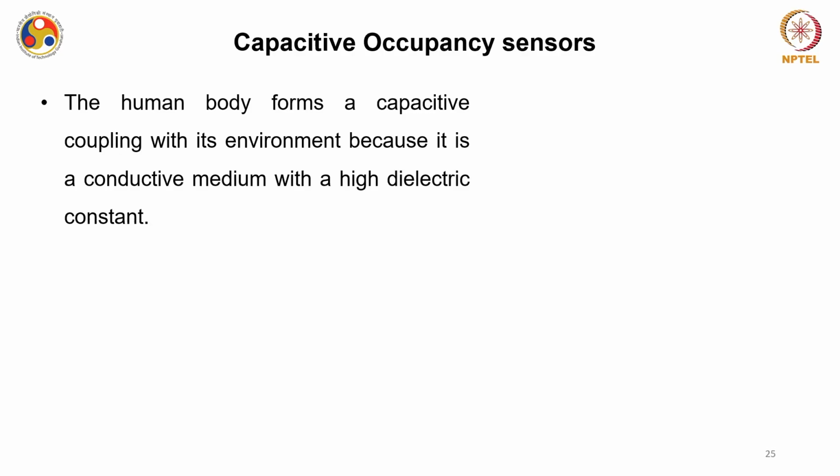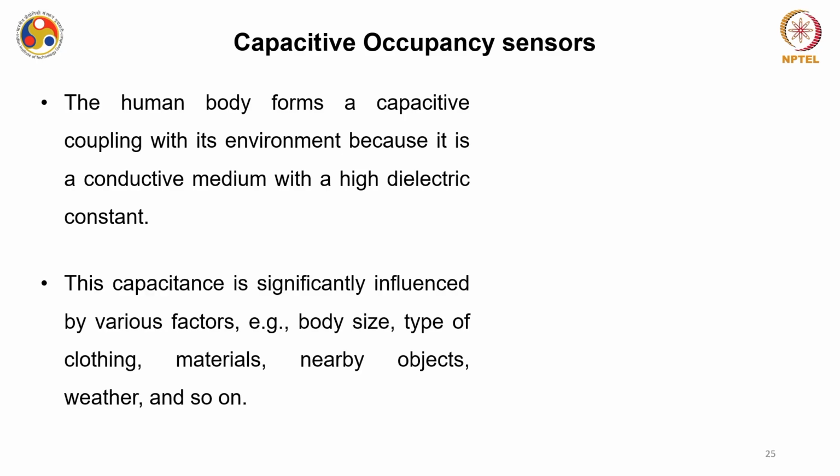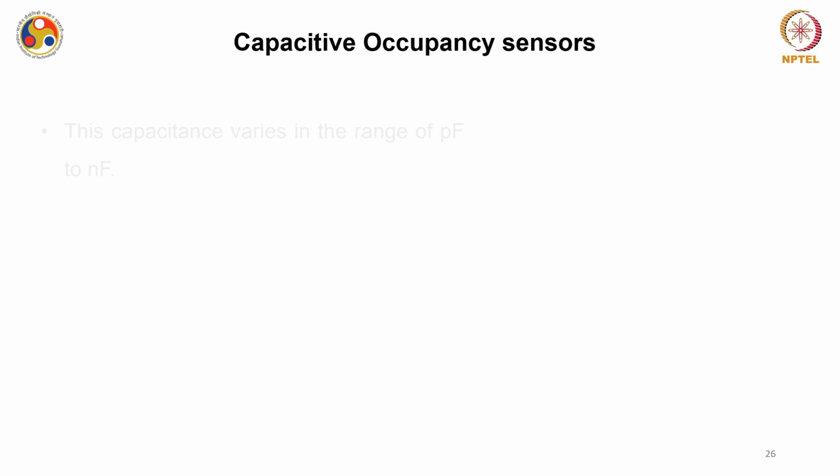The human body forms a capacitive coupling with its ambient because it is a conductive material with a high dielectric constant. So the capacitance is significantly influenced by a number of factors, including the body size, type of clothing I am wearing, materials, nearby objects, weather, and multiple other things.